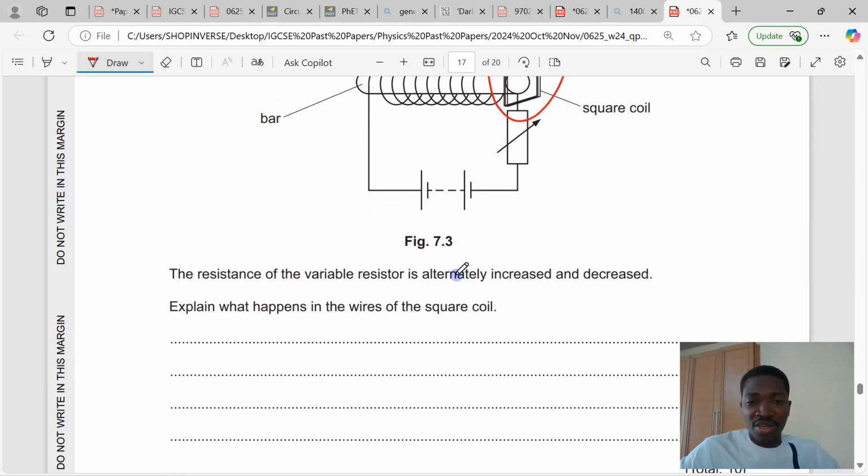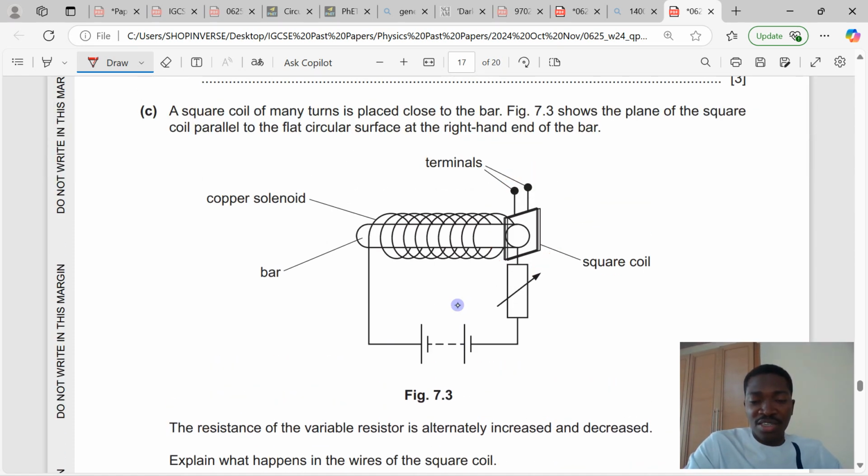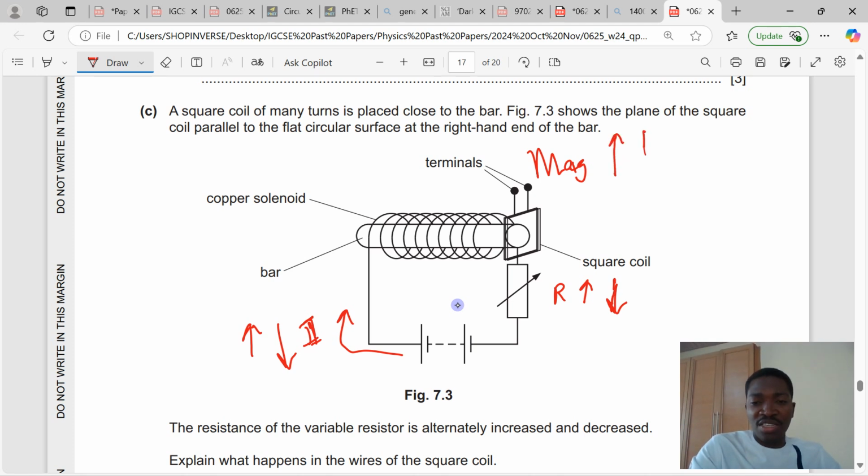The resistance of the variable resistor is alternately increased and decreased. Explain what happens in the wires of the square coil. When you are increasing and decreasing the resistance, it simply means the current flowing through the coil begins to increase and decrease. Since the magnitude of current is changing, the magnitude of the magnetic field begins to increase and decrease.